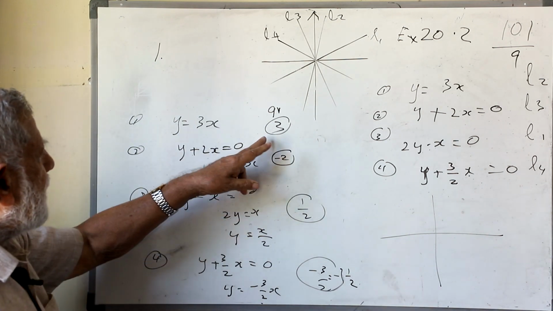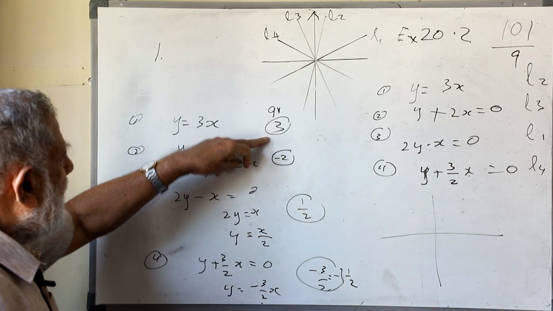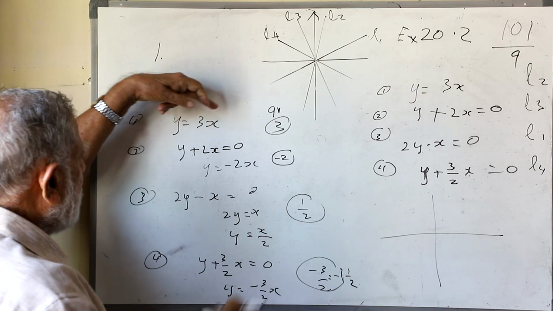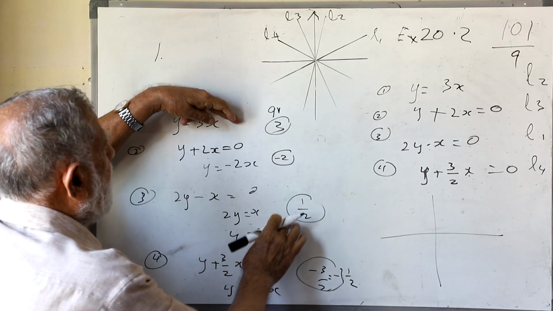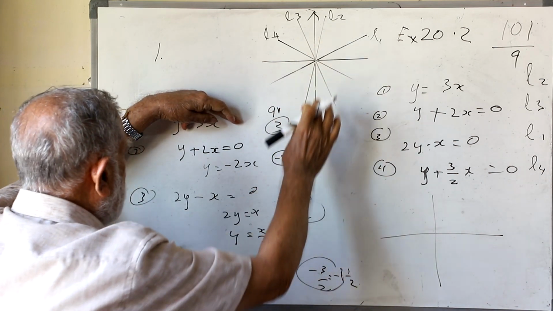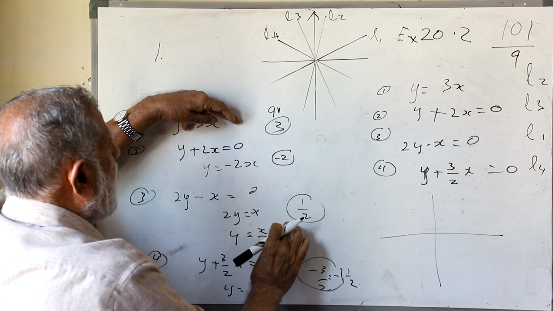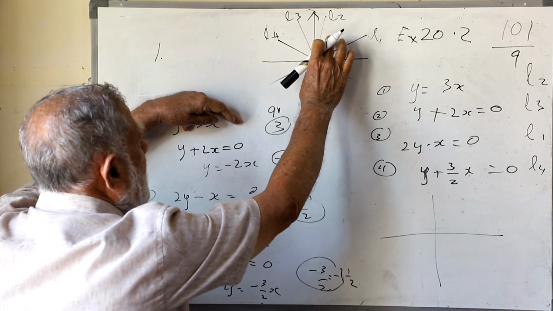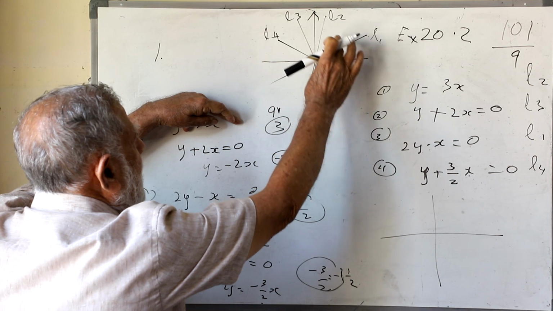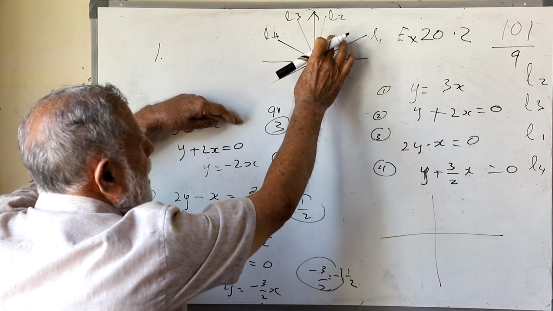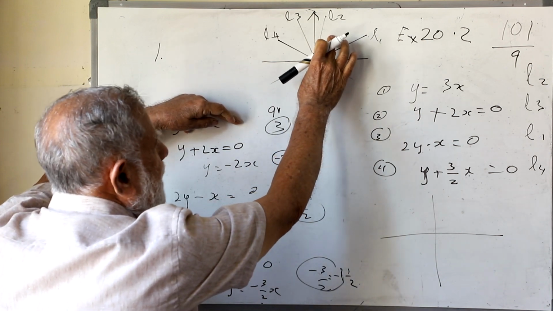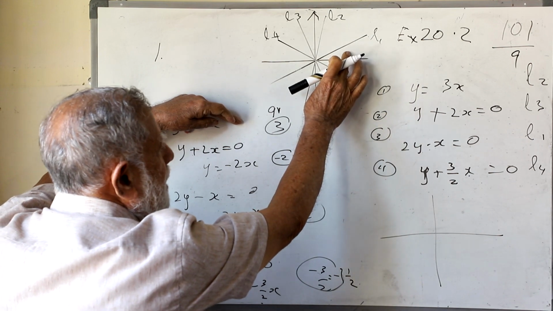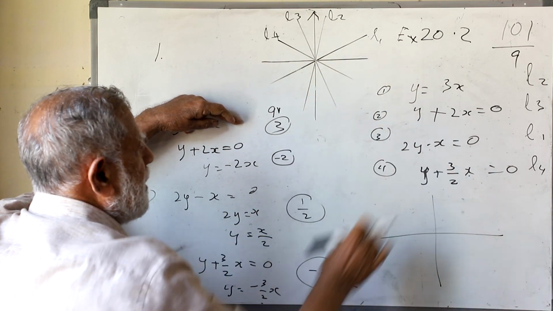Positive gradients will be the first and the third one: y equals 3x and 2y minus x equals 0. Here the gradient is half, here the gradient is 3. So this should be y equals 3x and this should be 2y minus x equals 0.